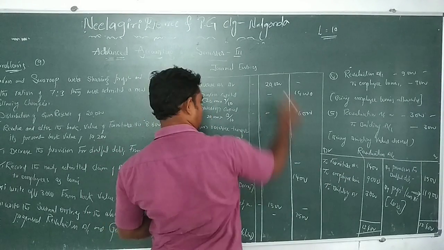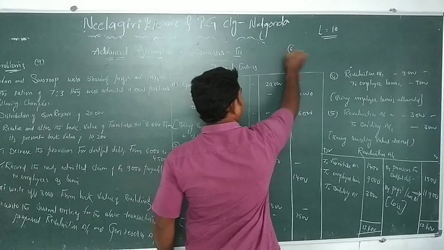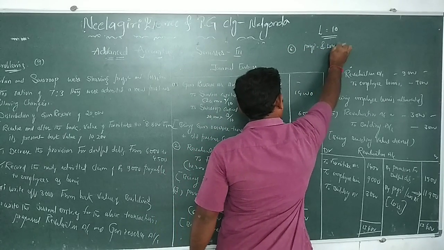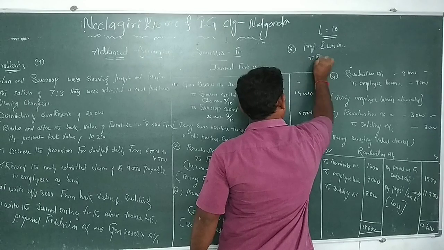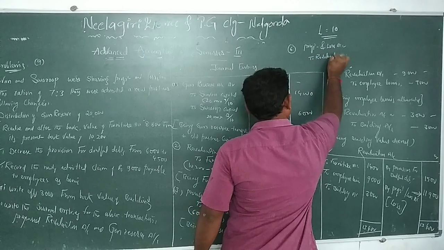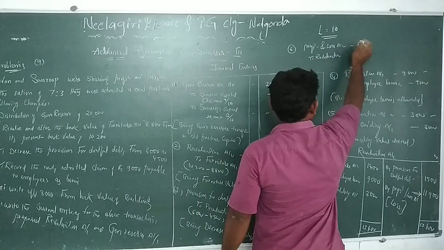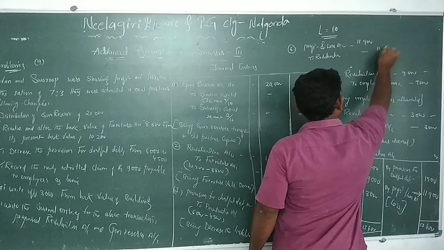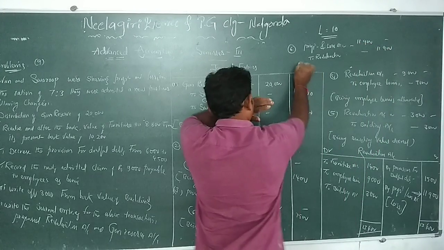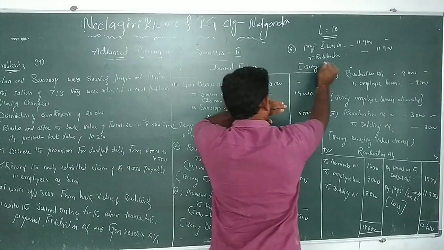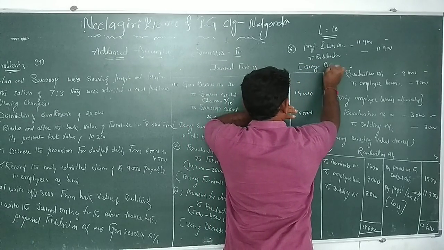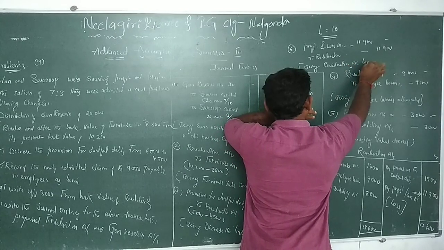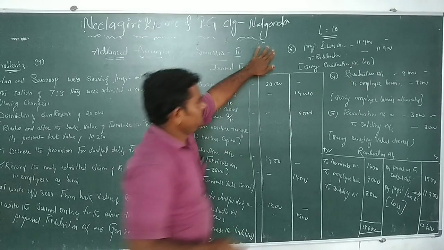Sixth entry: profit and loss account debit to revaluation account, with loss 11,900, being revaluation account loss. Six entries in this problem.